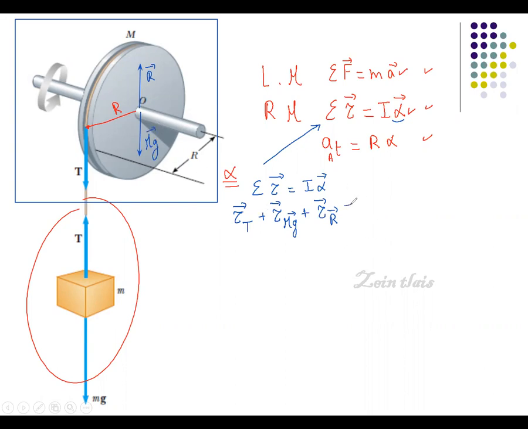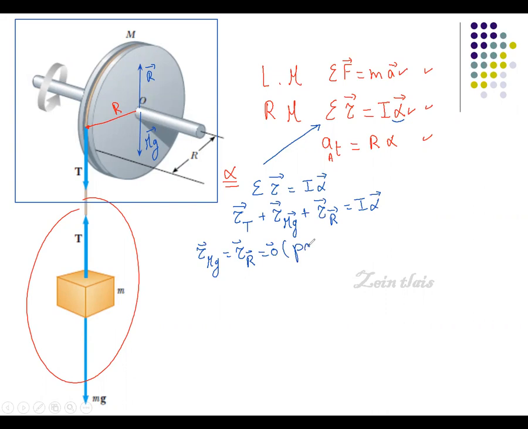Tau of mg equals tau of R equals 0. Why?